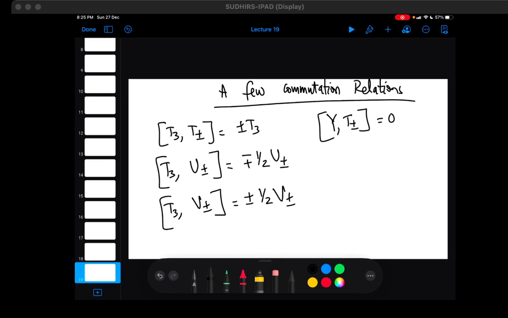Now we have seen how T3 acts on the raising and lowering operators T, U and V. Let's see what happens with Y. Y acting on T plus minus will just give me 0.